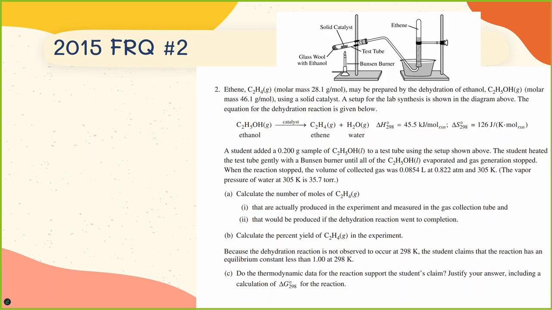It has a little bit of aspects of some thermo stuff in here, but we have ethene, molar mass, which may be prepared by the dehydration of ethanol using a solid catalyst. You can see the setup here. They gave us delta H, delta S. So a 0.2 gram sample is set up above, the student heats it gently, it evaporates, and the gas is generated.